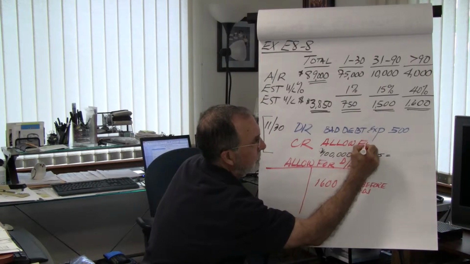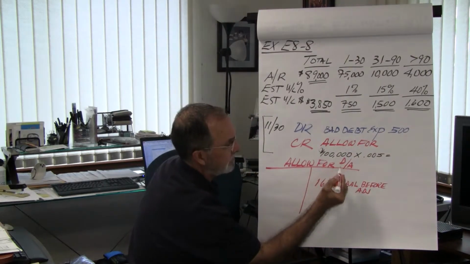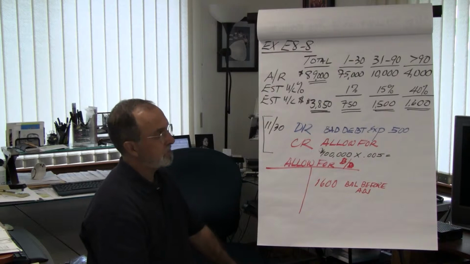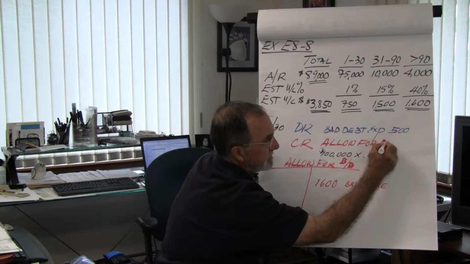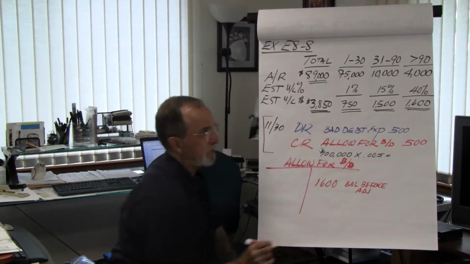Allowance for, I have doubtful accounts here. I'm going to change this to BD, bad debts, and use consistent terminology. So our credit is to the allowance for bad debts in the amount of $500.